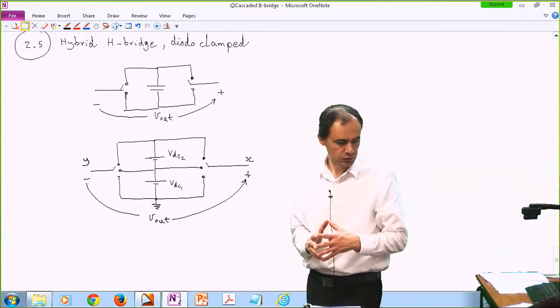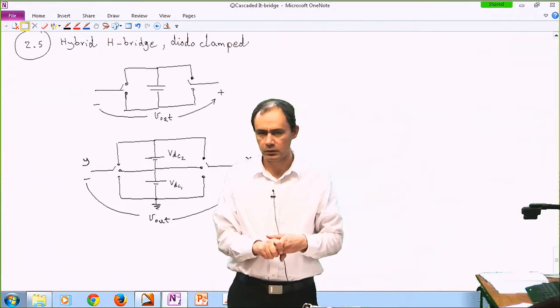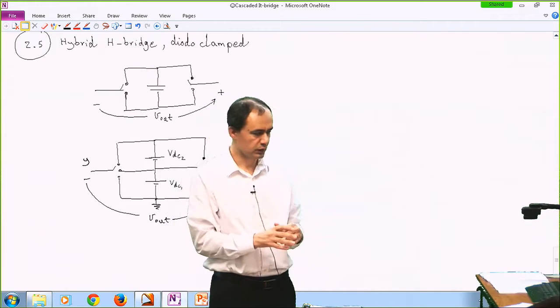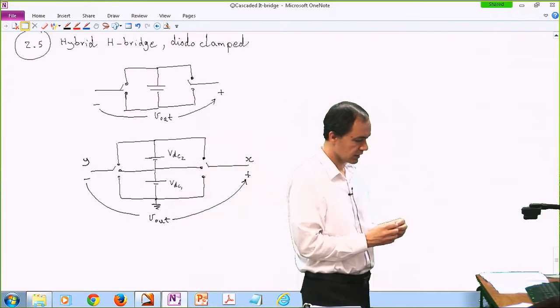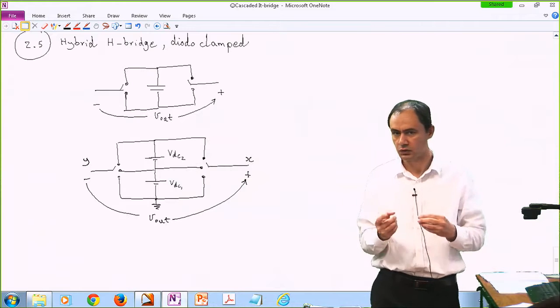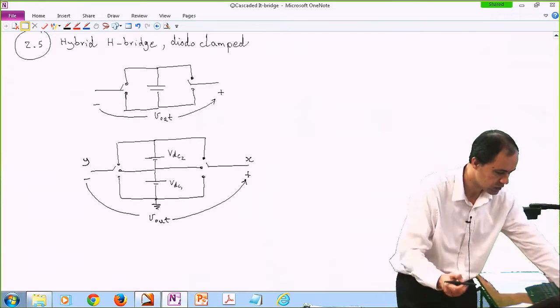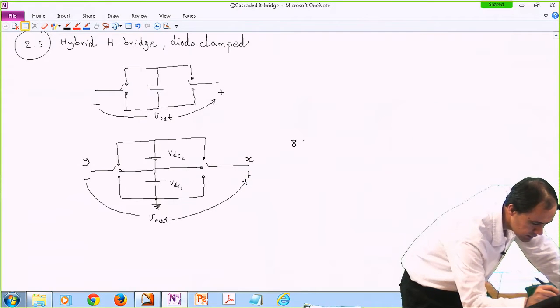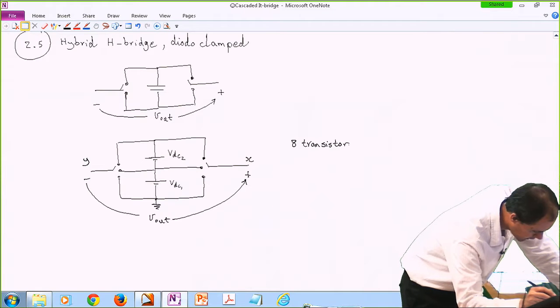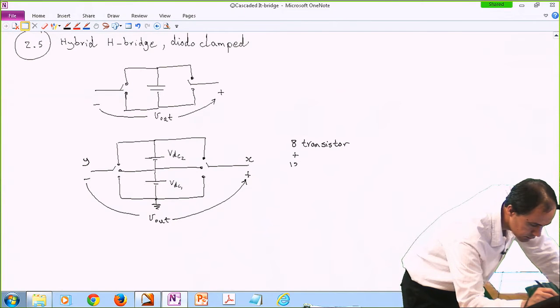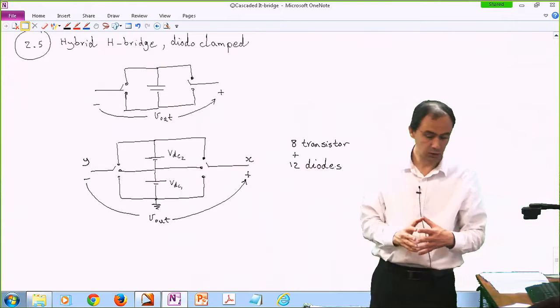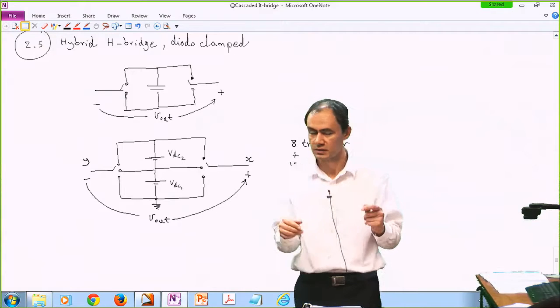So remember, in order to implement a single pole triple throw switch, we needed 4 transistors and 6 diodes. Now we are using 2 of them. So we need 8 switches or 8 transistors and 12 diodes. But let's take a look and see what our output voltage basically looks like.